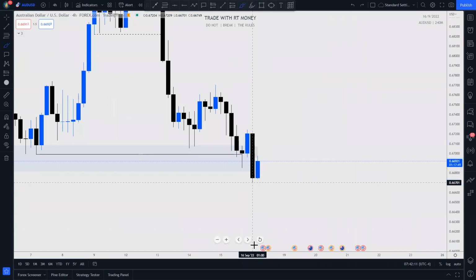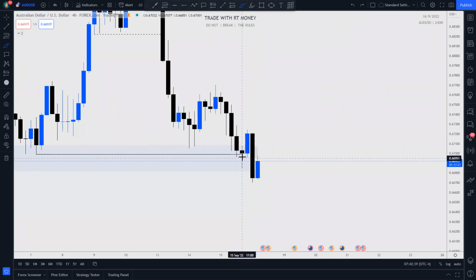What I look for when the bearish engulfer is complete: did it engulf the whole body, the whole candle of the previous candle? Did it give a strong close? Did it take out the top and bottom of that candle, or did it just engulf the body?